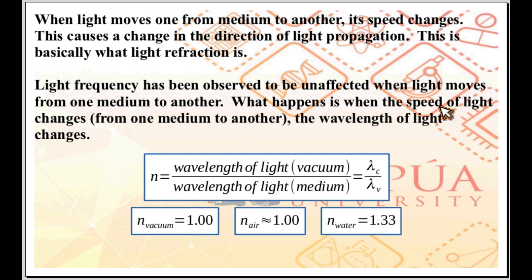When the speed of light changes, the wavelength of light changes. Thus, we may also express index of refraction in terms of wavelength. n is equal to wavelength of light in vacuum divided by the wavelength of light in the medium. n is equal to lambda c divided by lambda v.